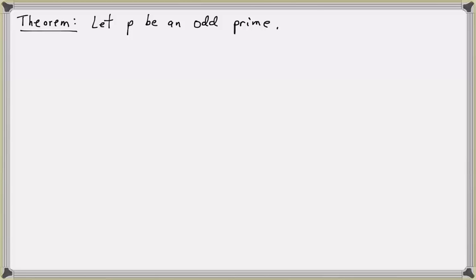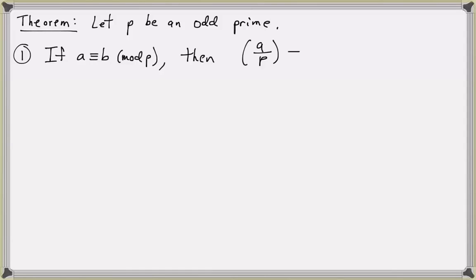The first property of the Legendre symbol says that if A is congruent to B mod P, then the Legendre symbol A over P is equal to B over P.